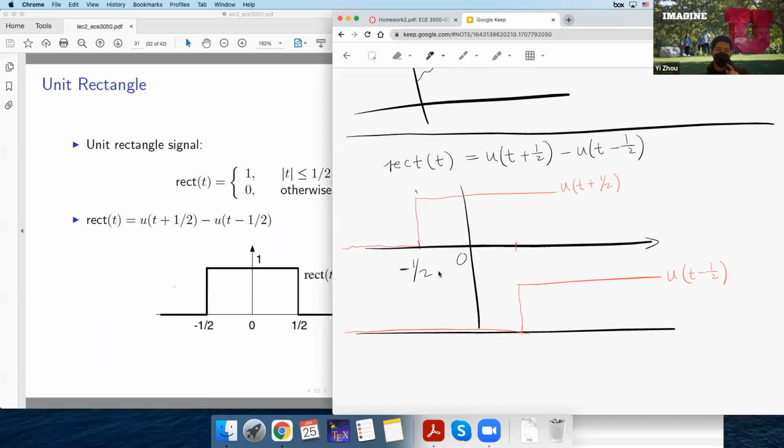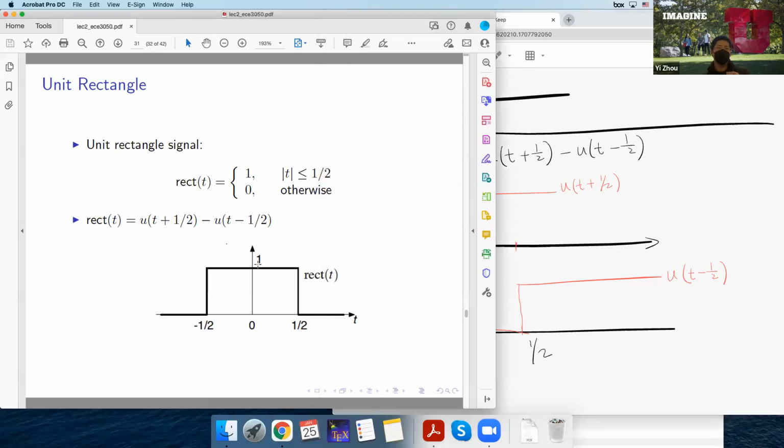And between negative 1/2 and 1/2, between these 2 points, we can see that this signal is a constant value 1. And the second unit step signal has a constant value 0. So 1 minus 0, we get 1.